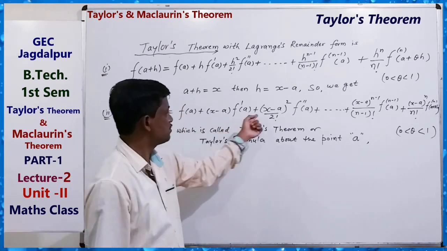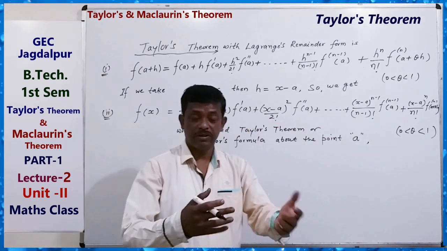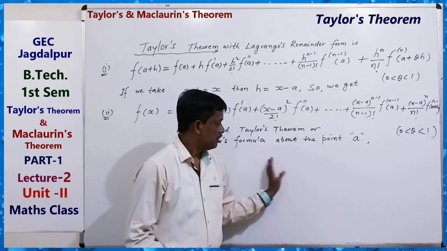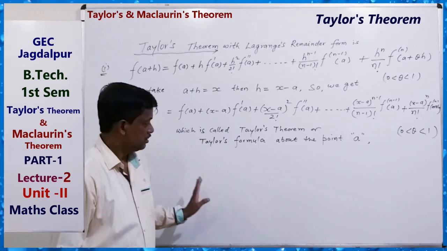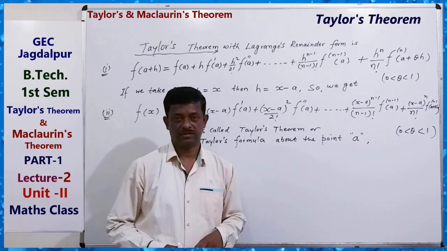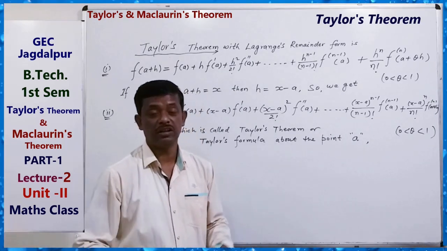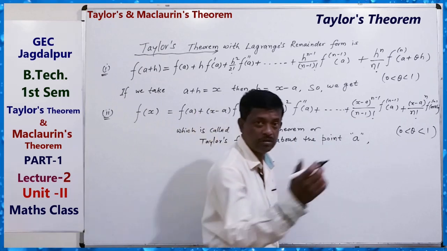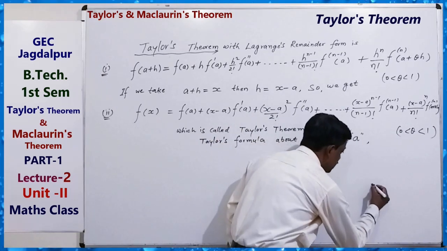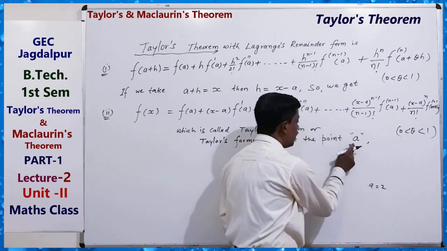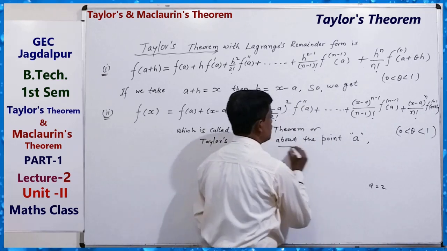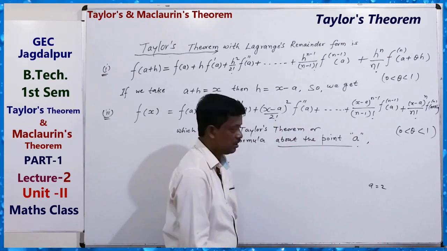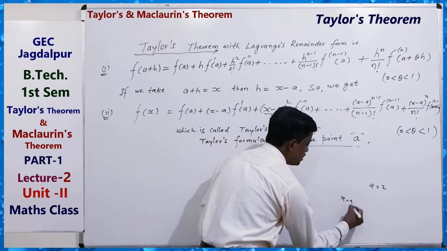Here x minus a, x minus a, x minus a. That is, whenever the question says just expand the function or write the Taylor formula, Taylor theorem about the point x equals 2, about the point x equal to 2, that means a equals 2. This is about the point x equal to a. X equal to a means x minus a.